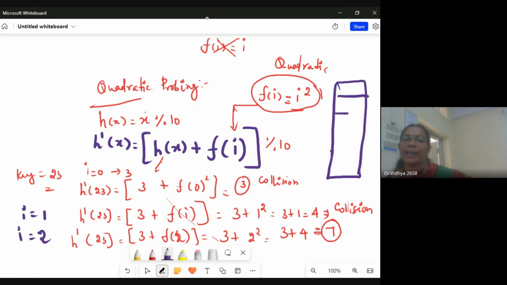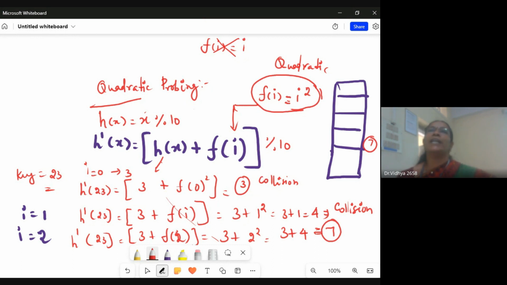Are you all clear about this concept, how we are placing the element? Instead of clustering the elements at one particular location, we are identifying different locations. By the way, we are overcoming the problem of clustering that occurs in linear probing. So that's all about the concept of hashing.